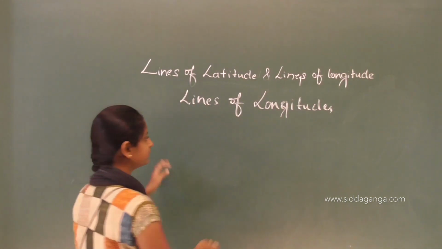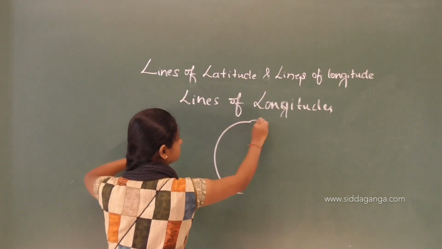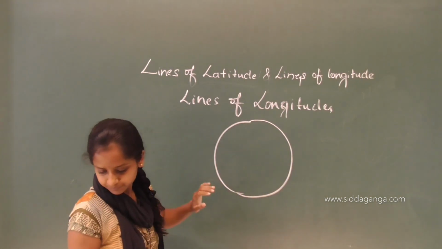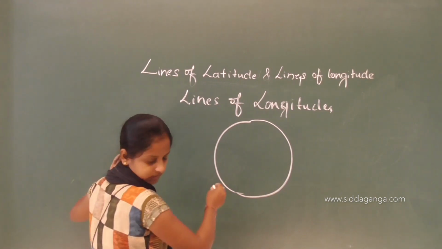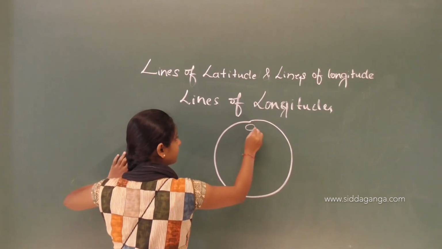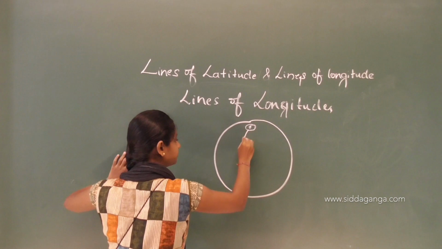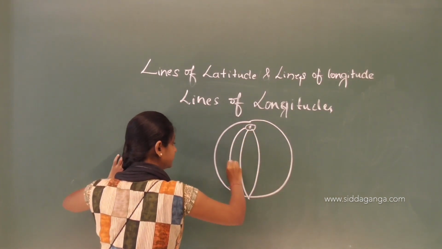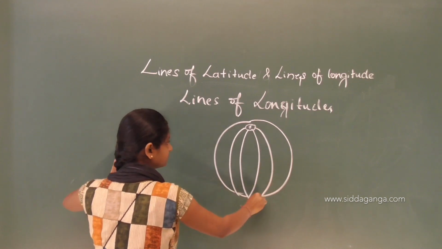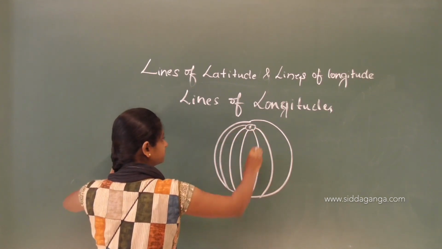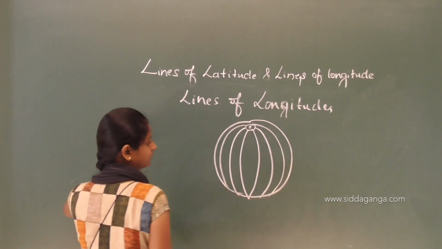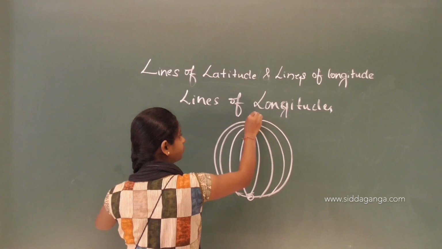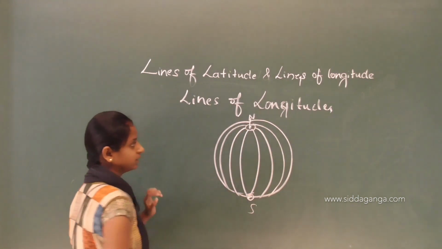So this is the earth surface or a globe. This is the pole. From here these meridians will come like this. This is a north pole and this is a south pole.